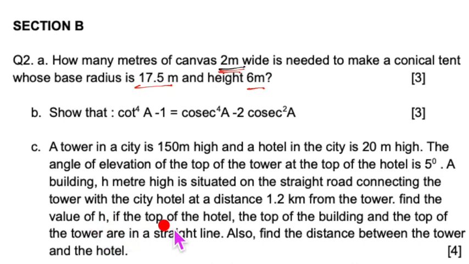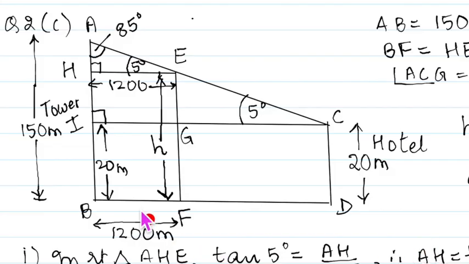Find the value of h if the top of the hotel, top of the building, and the top of the tower are all in a straight line. Also find the distance between the tower and the hotel. So let us see how we draw the diagram of it. So we have the diagram here. You can see this is the tower.